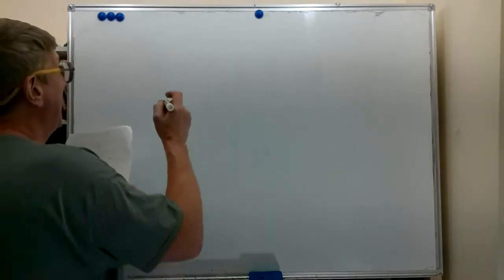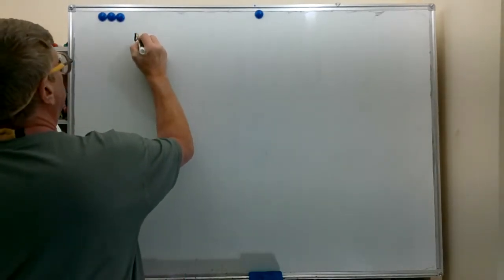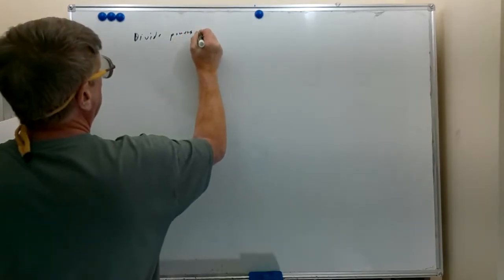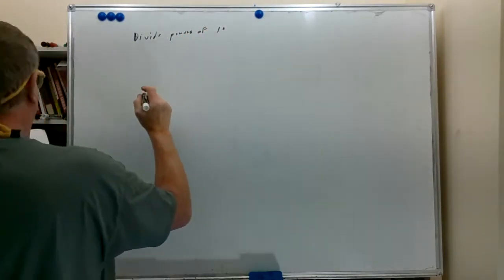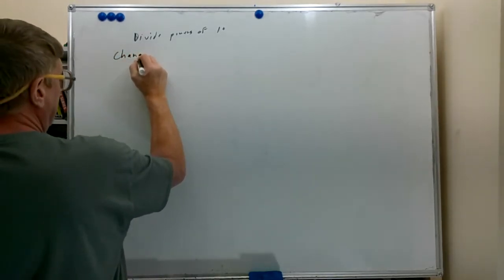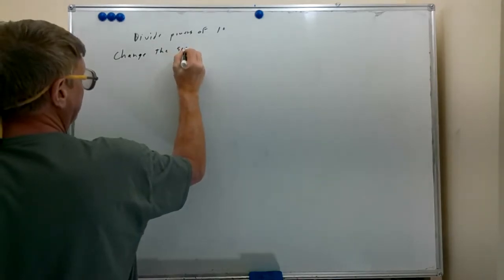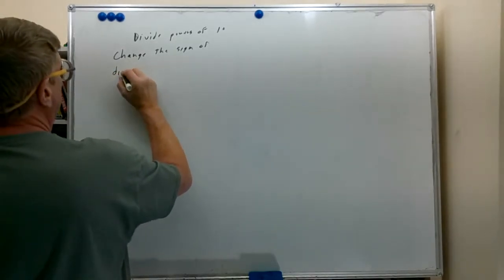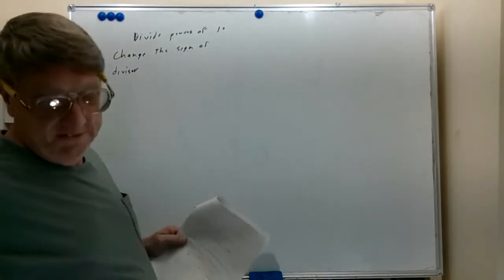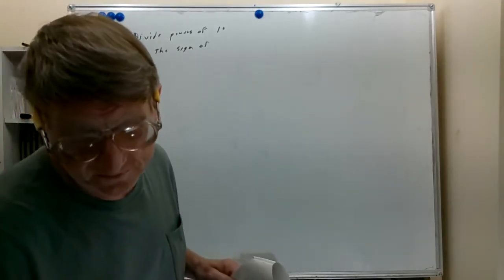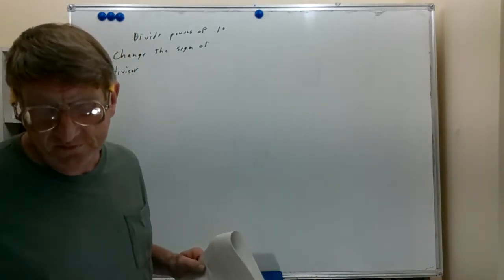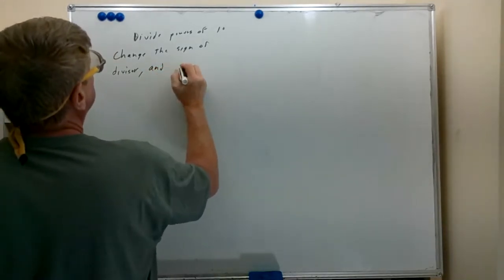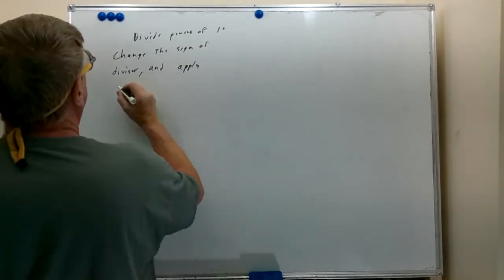To divide powers of 10, change the sign of the divisor and apply multiplication rules.